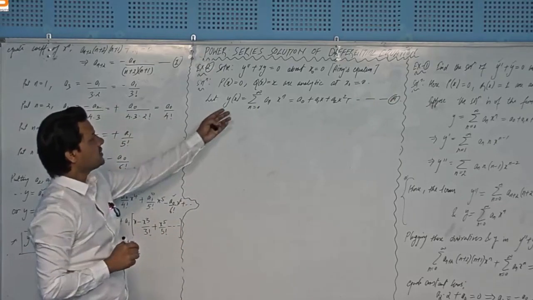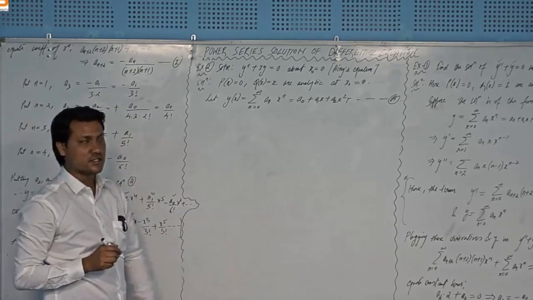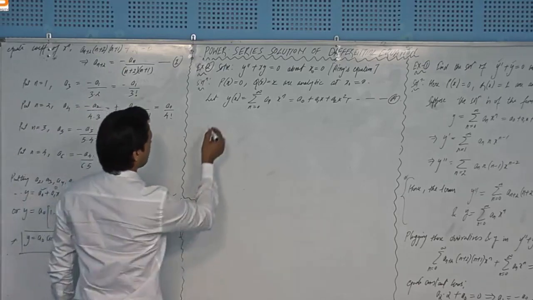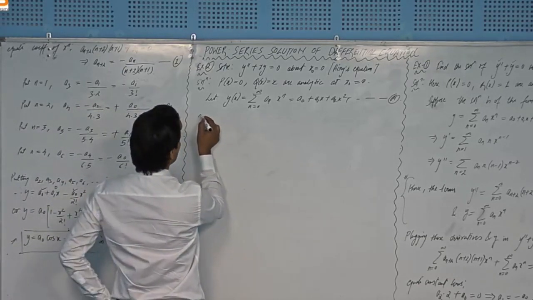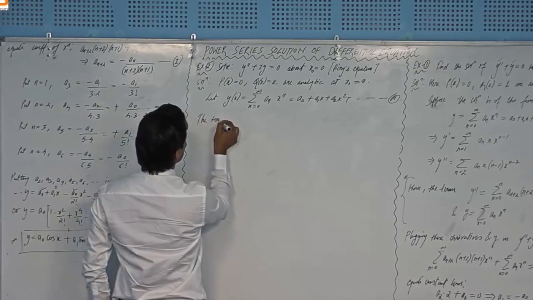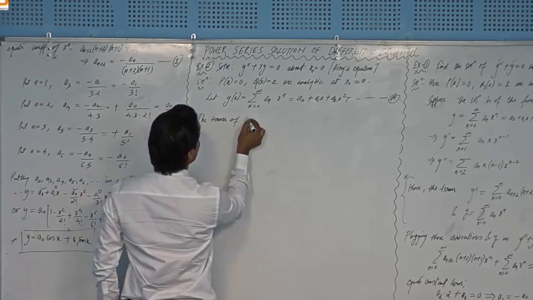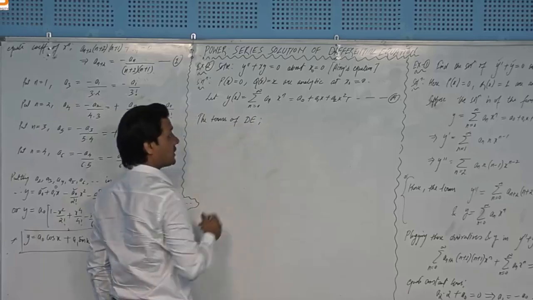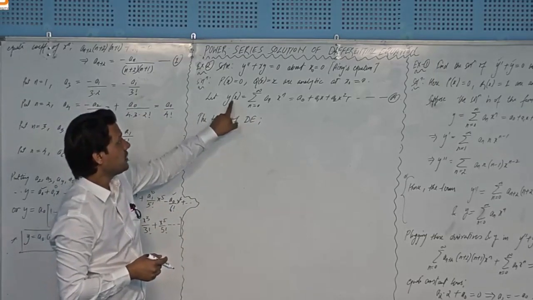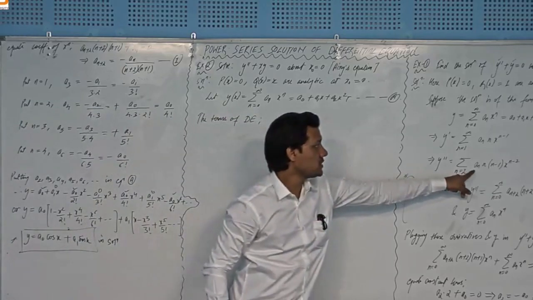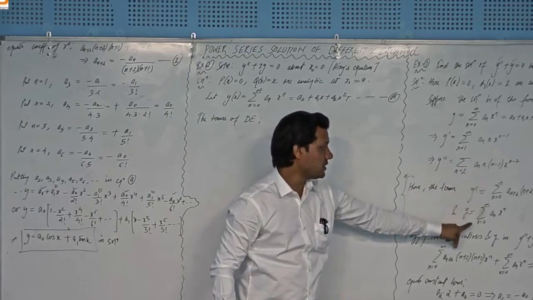Now I will differentiate it twice as I did in the last example. I will copy that from there, y double dash, the terms of the differential equation. After differentiating it twice, I will get y double dash, this term, and then after scaling up, I will reach here.